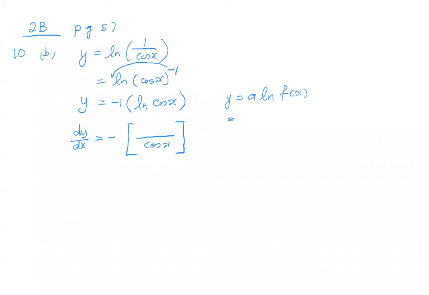Okay, so dy dx, fraction, f x here, so f prime x here. The derivative for cos x is negative sin x, correct? So negative times negative will be positive.